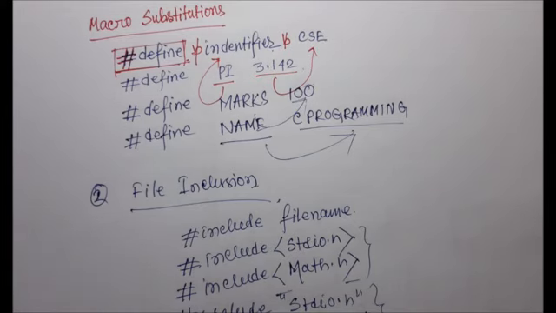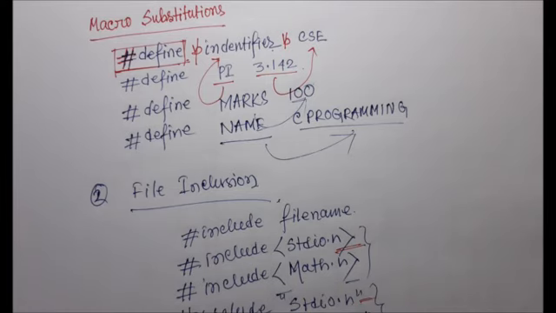That is the difference between angle brackets and double quotes. Mainly we will use the first one, but you can use either, keeping in mind that the file should be in the current directory. There is no other difference in the syntax.